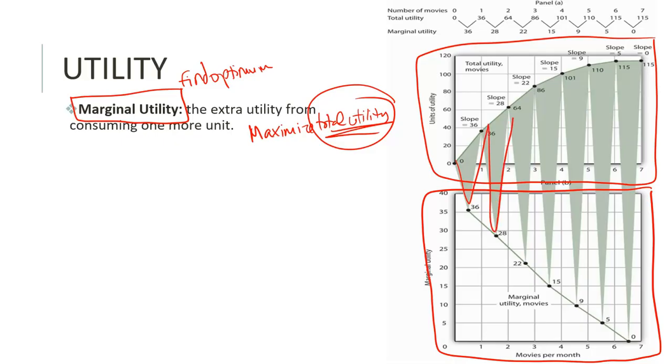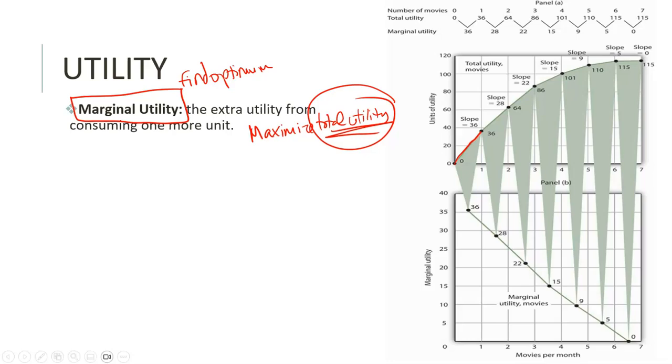And all these lovely spiky triangle things are really there just to show you how we got the marginal from the total. So for instance, 0 movies is going to give you 0 utility. The first movie is going to bring you up to 36 total utility. And so the marginal is going to be 36, right? Because it's total of 1 minus total of 0.